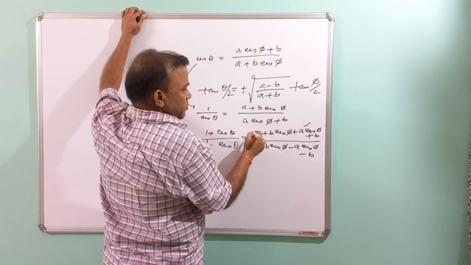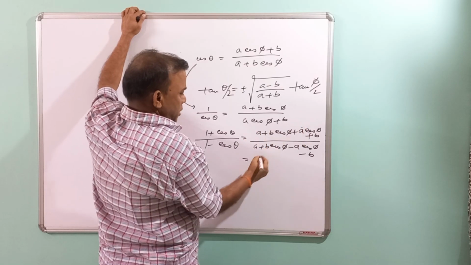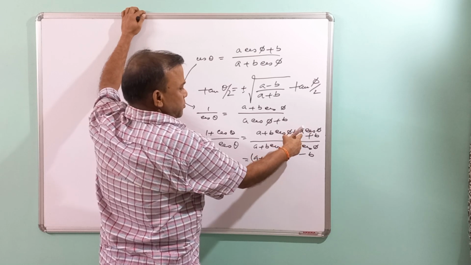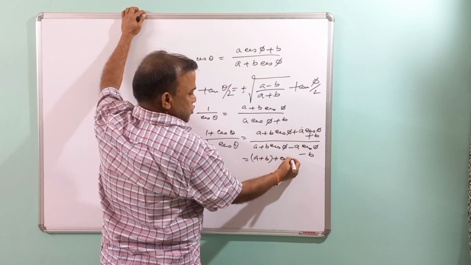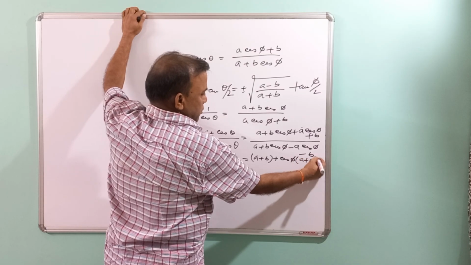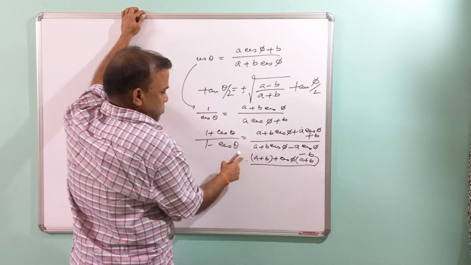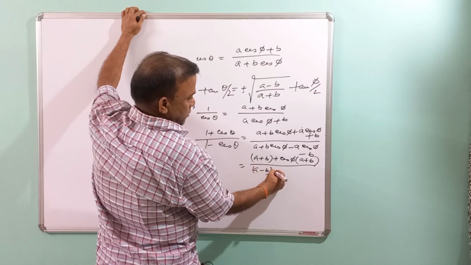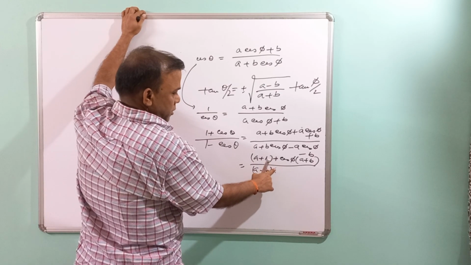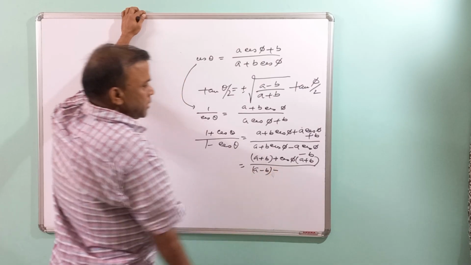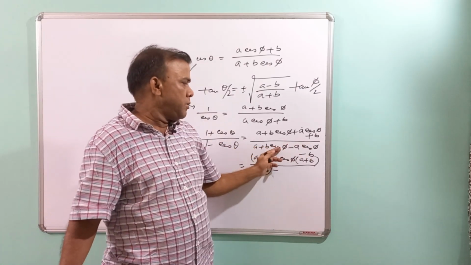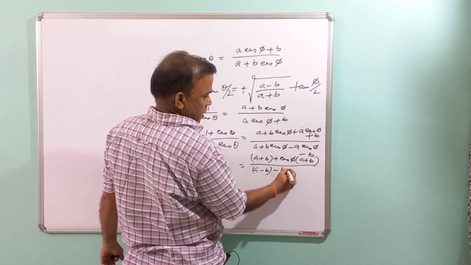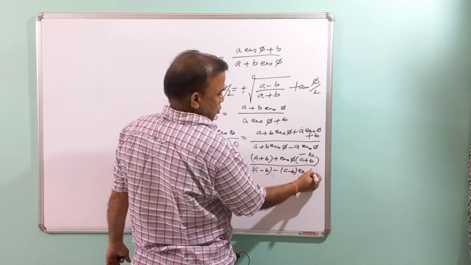Taking a as common, a plus b, and taking cos phi as common from these two, cos phi into (a plus b), divided by a minus b, minus taking cos phi minus cos phi from these two, (a minus b) cos phi.